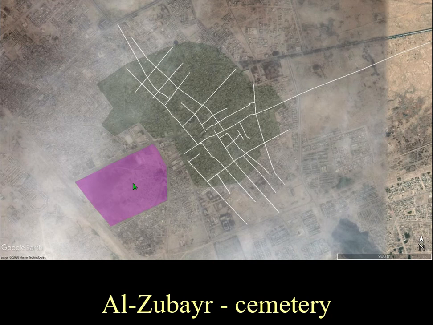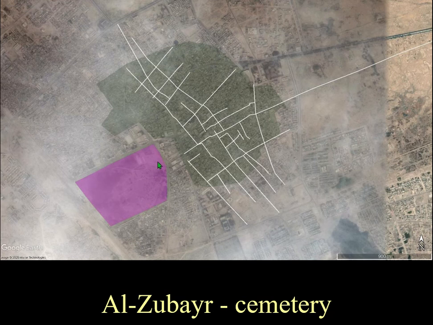And so this is the cemetery of Azubair, but you can see it's actually huge compared to, it's almost like half of the size of the settlement. And I actually have some other city maps later on showing you that this is huge for this. And I think this is actually the cemetery of Old Basra.